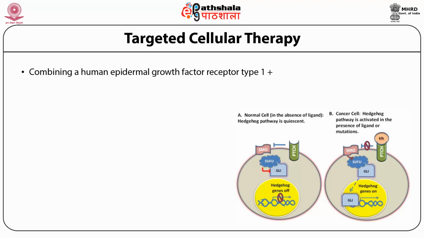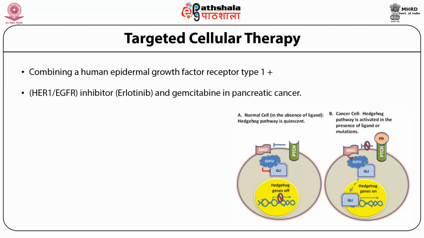In the case of hepatocellular carcinoma, hedgehog signaling is important in the development of cancer or liver cancer. Now, if we target the hedgehog inhibitor along with cellular therapy, hedgehog inhibitor infusion and cellular therapy infusion can reduce the HCC mass.